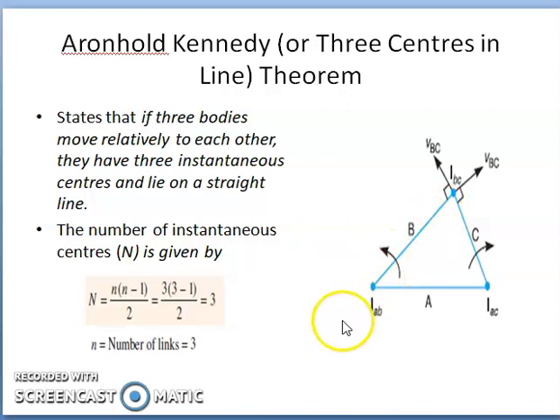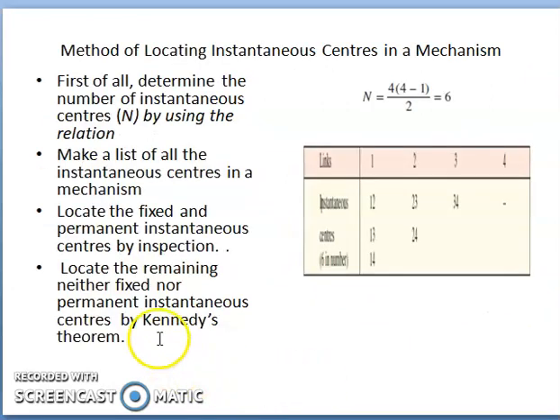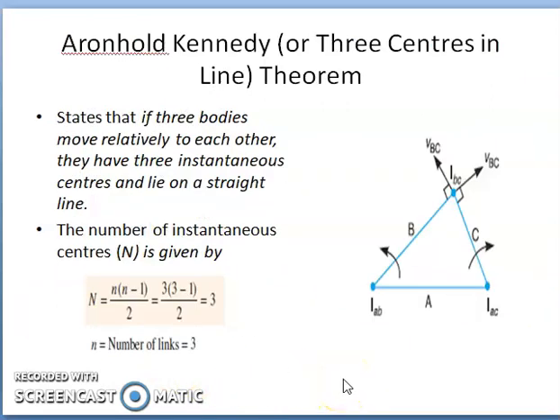They are all lying in the same straight line. IAB and IBC lie in the same straight line, IAC and IBC also, and IAC and IAB also. So this theorem is highly useful in determining the instantaneous center.